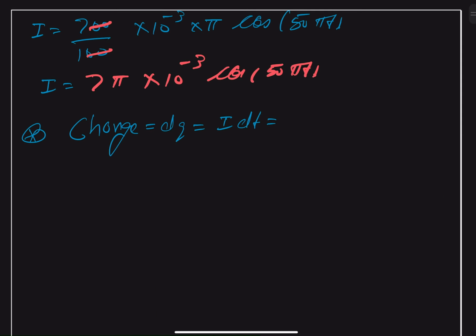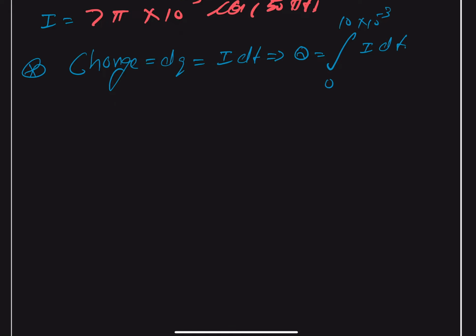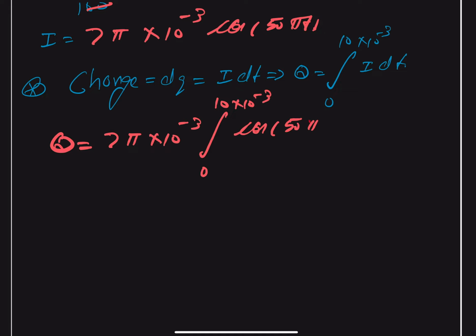So we can write that total charge q will be equal to integration from 0 to 10 into 10 to the minus 3 of I times dt, and we already know our I, so we can say our charge will be equal to 7 pi into 10 to the minus 3 times the integration from 0 to 10 into 10 to the minus 3 of cos of 50 pi t dt.